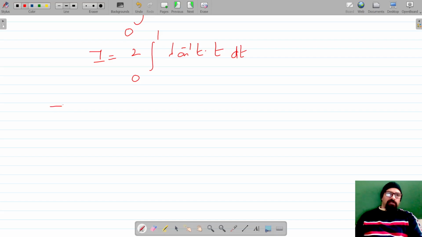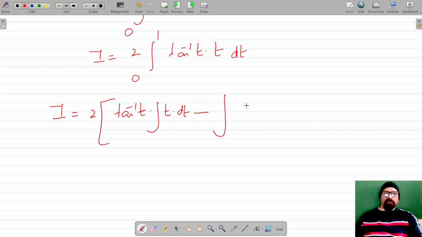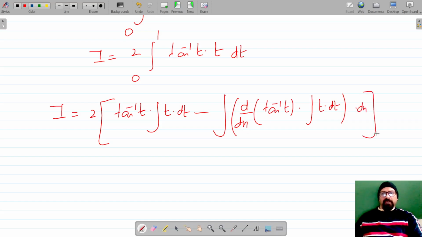And let's use the integration by parts, which says that the integration is the first function into integration of second, minus integration of differentiation of first function, which is tan inverse t, into integration of second function, the whole has to be integrated. And this has to be for the limit 0 to 1.